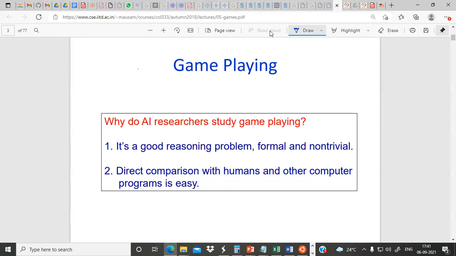There is a question: why do AI researchers study game playing? Why are we taking games to understand this? Why can't we take some real life scenario? The answer is, if you take any real life scenario, first of all, it may have innumerable states, and we may not be able to represent or specify all the states.